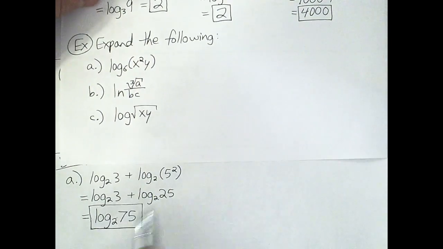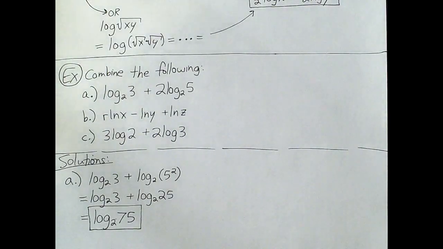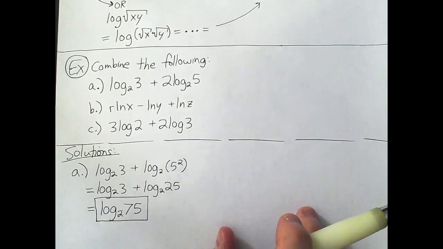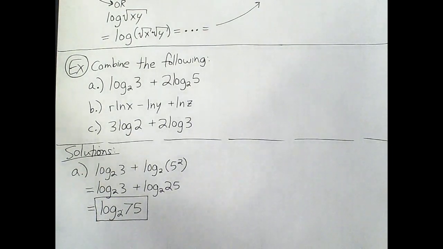But log base 2 of 75, that's not going to be a nice whole number. That's not even going to be a nice fraction. It's going to be a really messy decimal. 2 to some power equals 75. 75 is not even close to being a power of 2. So we just leave it as this, and we say we did as much as we can by hand. All right, so now's a good time to pause and try part B and C, and then I will talk about them.